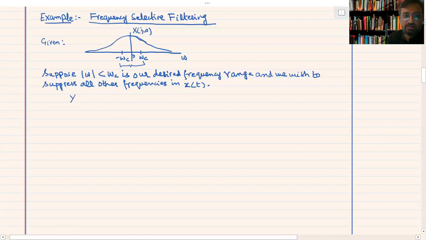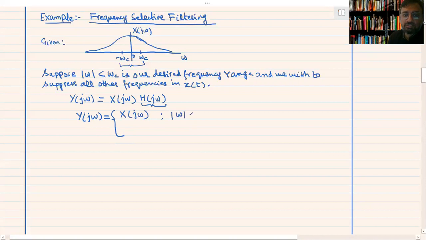Now, based on the convolution property, if we can design a system H(jω), and the frequency response H(jω) after multiplication with the given X(jω) should produce a response Y(jω) that should be X(jω) if ω is less than ω_c and 0 for ω greater than ω_c.